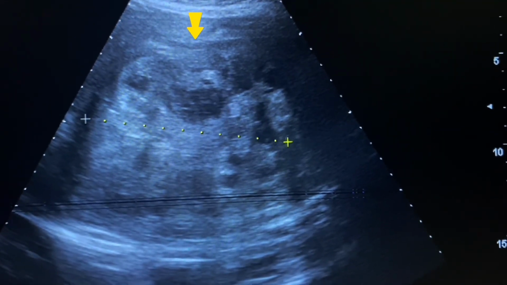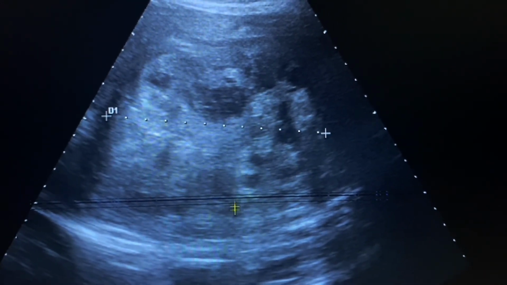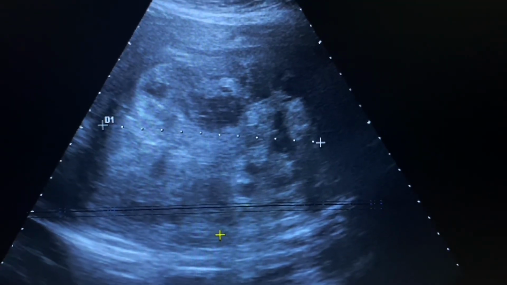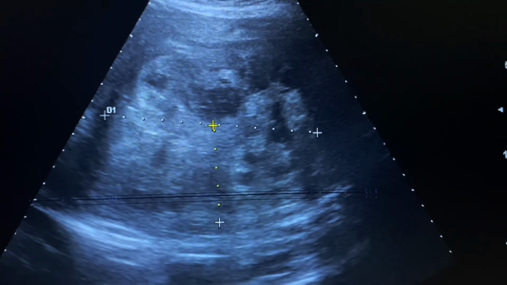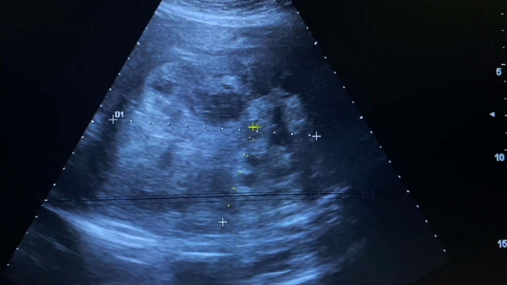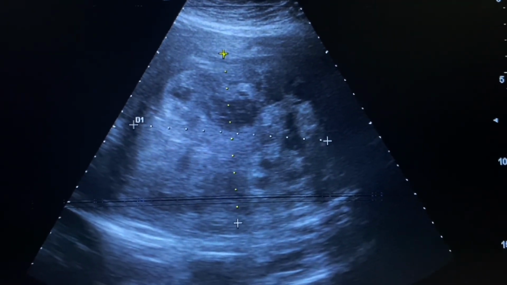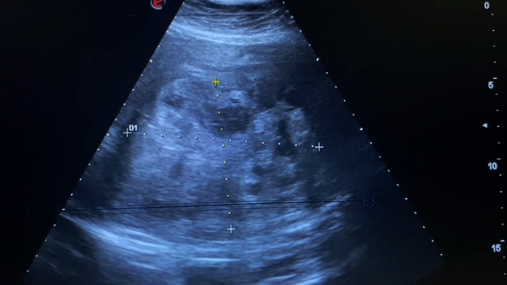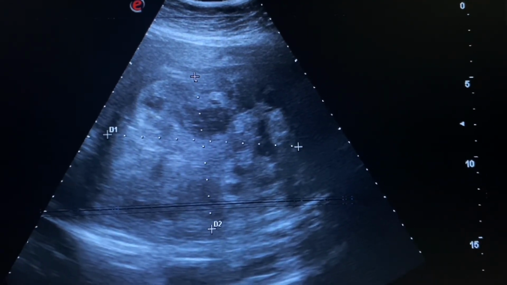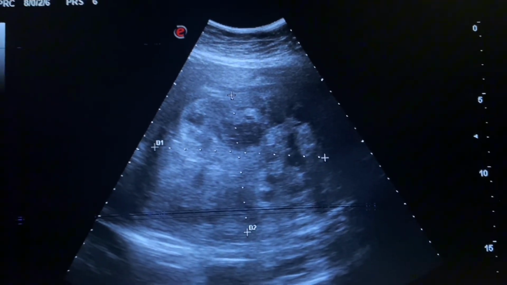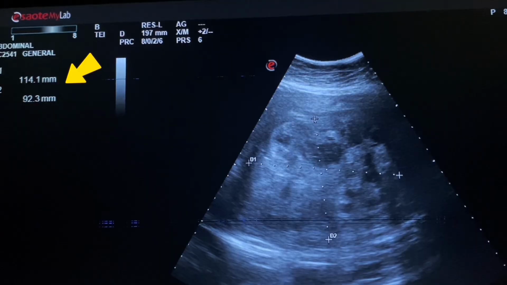Now we will measure the size of this mass. The mass size is 114 into 92 millimeter.